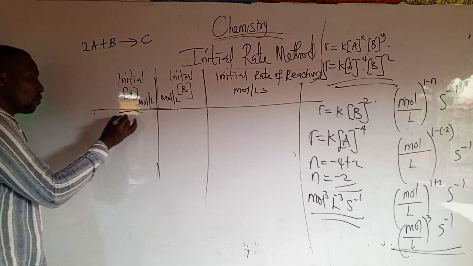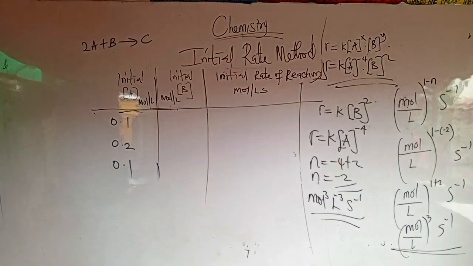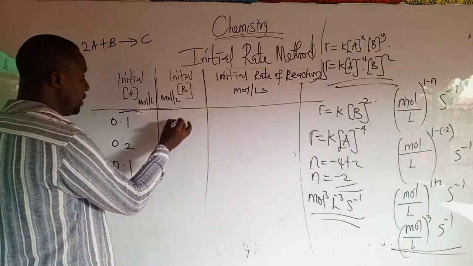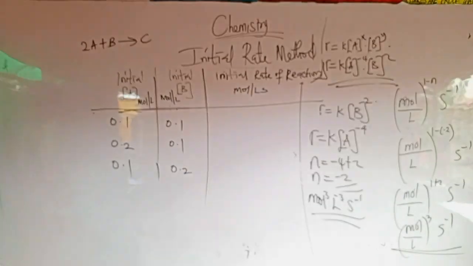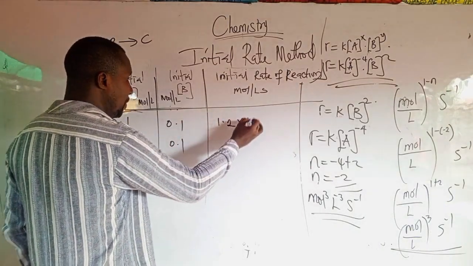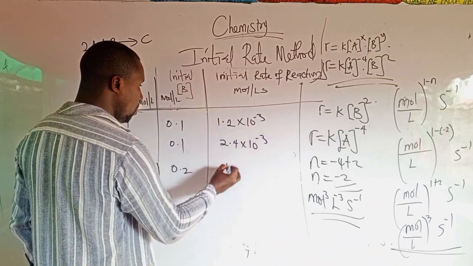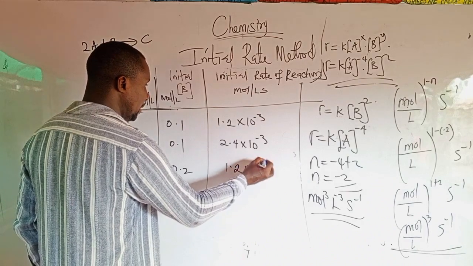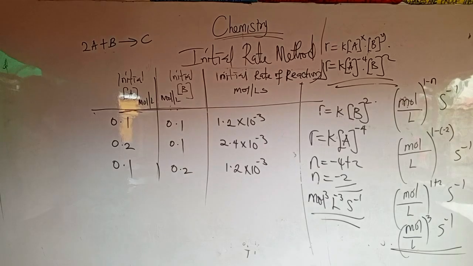We have 0.1, 0.2, 0.1, then 0.1, 0.1, 0.2. Then we have 1.2 times 10 raised to the power minus 3, 2.4 times 10 raised to the power minus 3, and 1.2 times 10 raised to the power minus 3. That's the data.